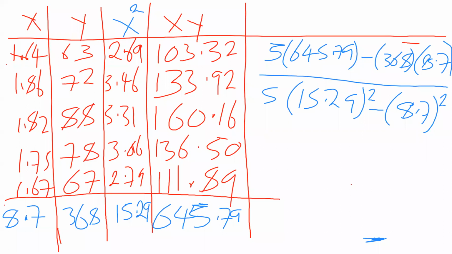What do you find on top? 5, you open the bracket, 645.79, close, minus 368, close, you open, you have 8.7. What do you find on top?